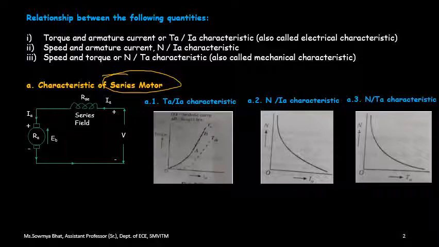So the next characteristic is speed versus the armature current.